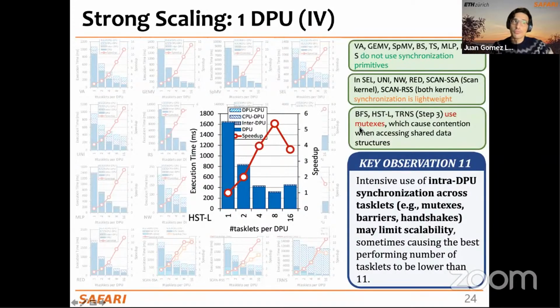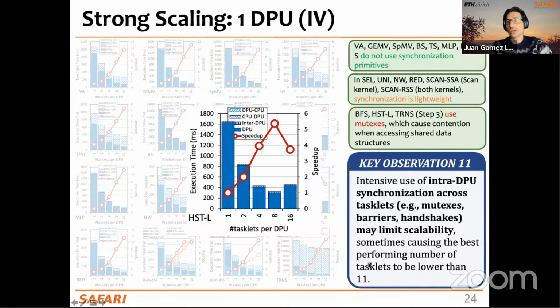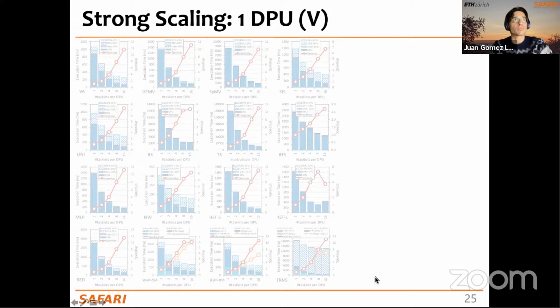The more tasklets we are executing on the DPU, the more tasklets will have to wait for other tasklets to complete the critical section before they can go and update the histogram. And this is the reason essentially why for this HSTL, we obtain the best performance for 8 tasklets instead of 16. So as you see here, in this particular case, the best performing number of tasklets is not 11 or larger, right? So in this case, it's 8.